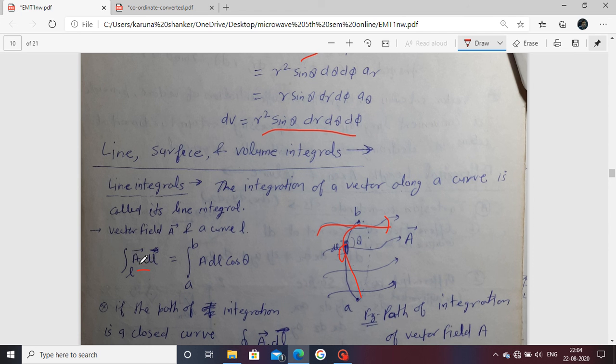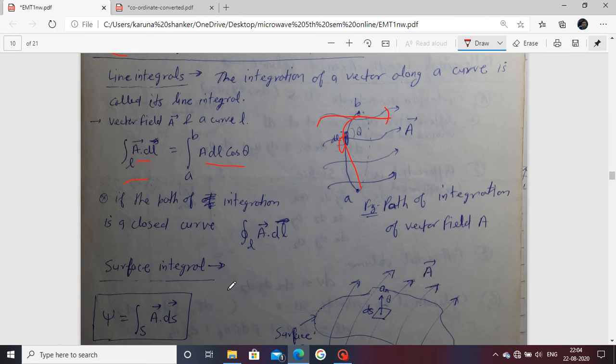If you expand the dot product, A dot dl is equal to A dl cos theta. Here just note how the line integral is represented. If we integrate over a closed path, then the symbol looks like this. This is a closed path, as you see here.